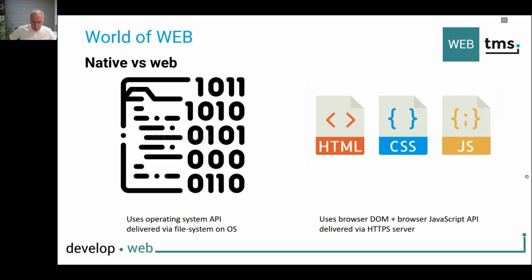And we do everything in that application via the browser DOM, and also using the browser APIs, the JavaScript APIs for accessing all kinds of functionality. Whereas the application in the native world is delivered by an executable file on the file system, in the web world, our application, so to speak, HTML, CSS, and JavaScript is delivered from a server. And these days, almost all browsers will require that you deliver this via an HTTPS server for security.